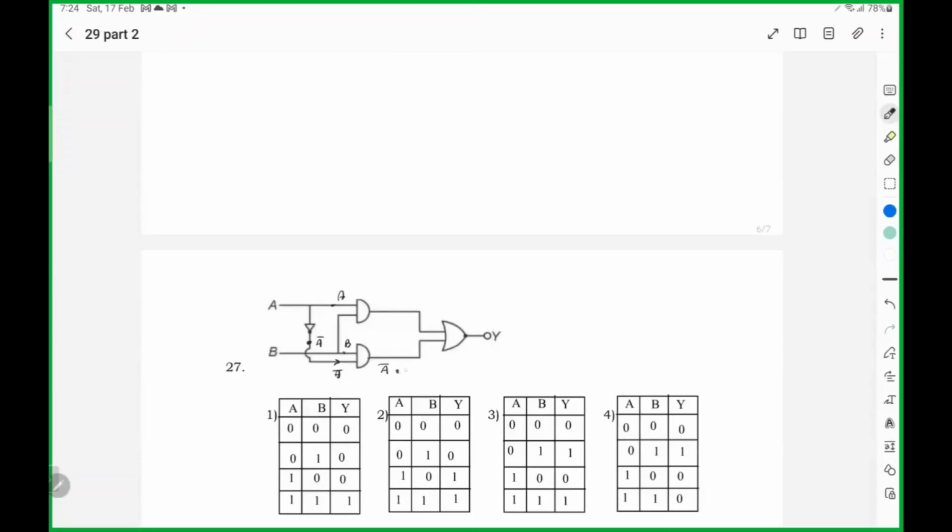Output will be, here it is B. This is A dot B. Here you have A dot B. Here A bar dot B bar. It is OR gate. The final Boolean expression.